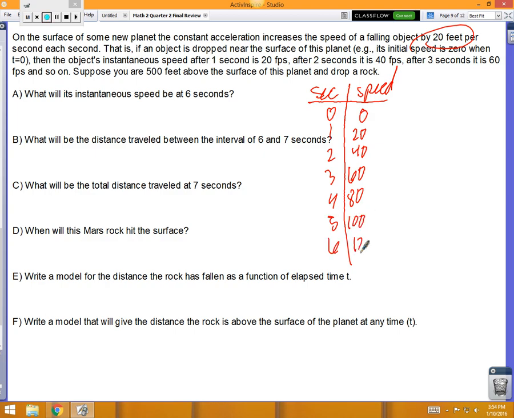And 6 is 120. So if you look at the clock at exactly 6.000 seconds, that thing is going to be traveling 120 feet per second.